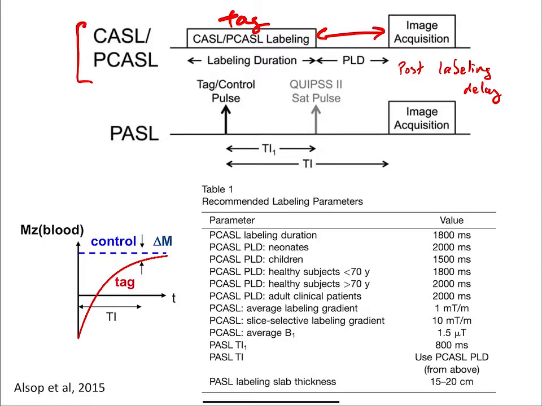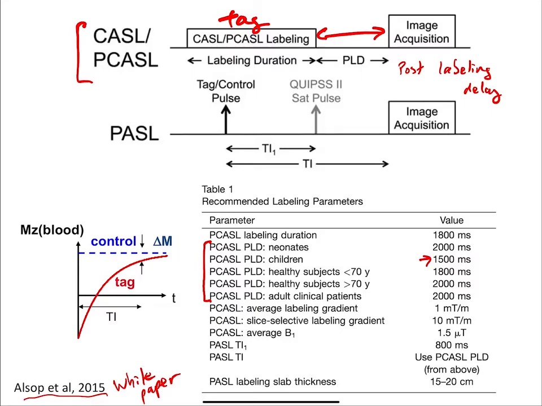All right? And so if you look here, this is from what's called the white paper. So there was a white paper written in 2015 saying, what should be the standard parameters for people to use clinically. And you'll see here, these are the PLDs that they're specifying. Okay, you notice here that for children, it's relatively short, 1,500 milliseconds.